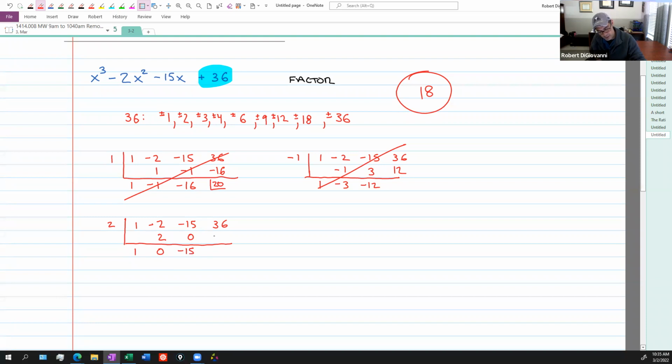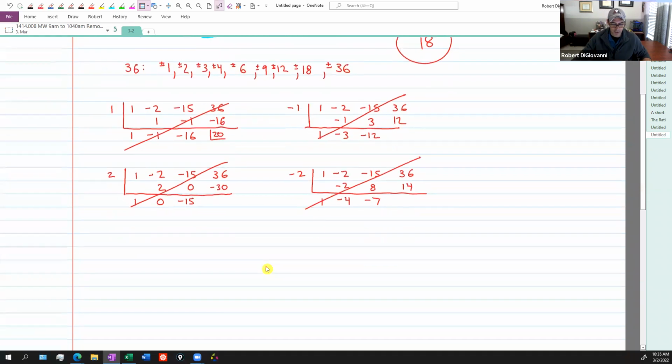No, that doesn't work. That's -30. Okay, that doesn't work. Come on. Now -2: 1, -2 here, that's -4, that's 8, that's -7, and that's +14. Doesn't work.